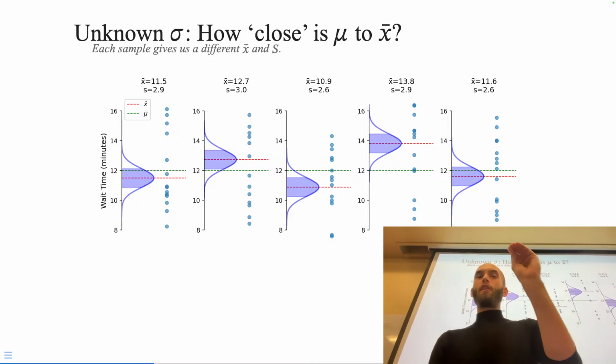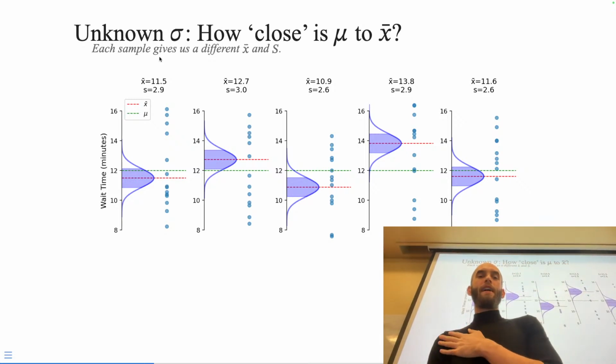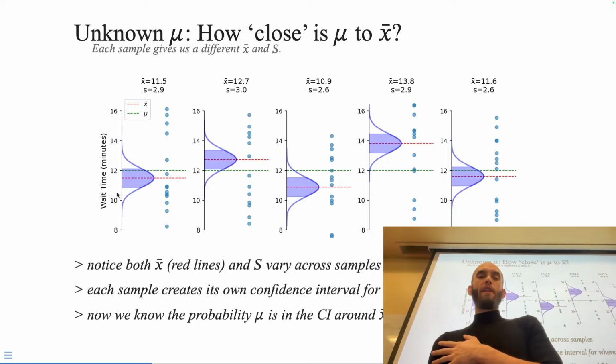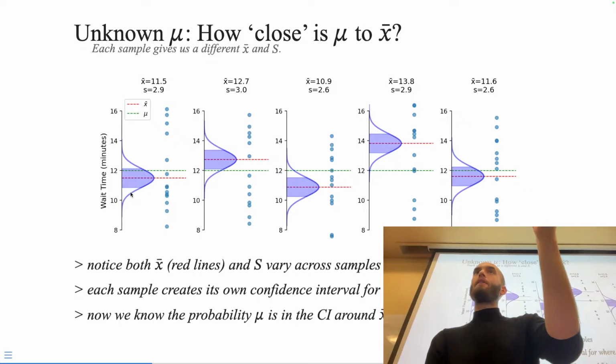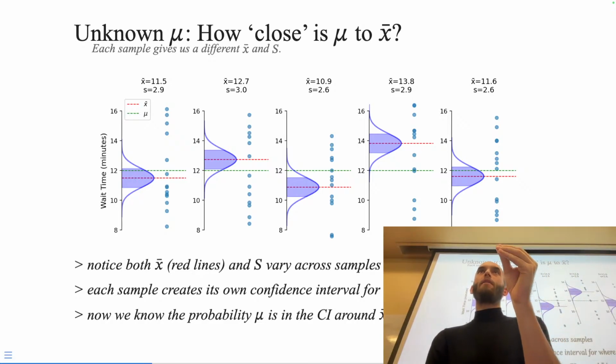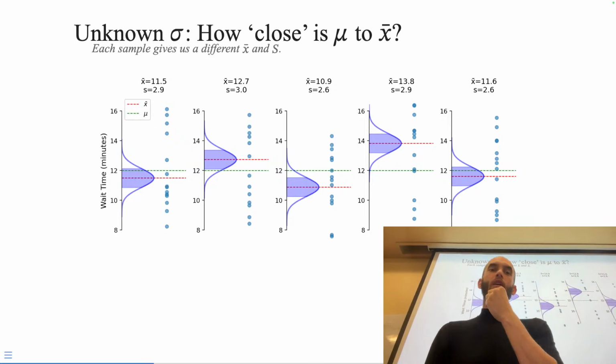But the important thing to remember here is that when we construct these confidence intervals, when we're constructing the sampling distribution around our X bar, we're assuming that we know sigma. But in reality, you're never going to know sigma.